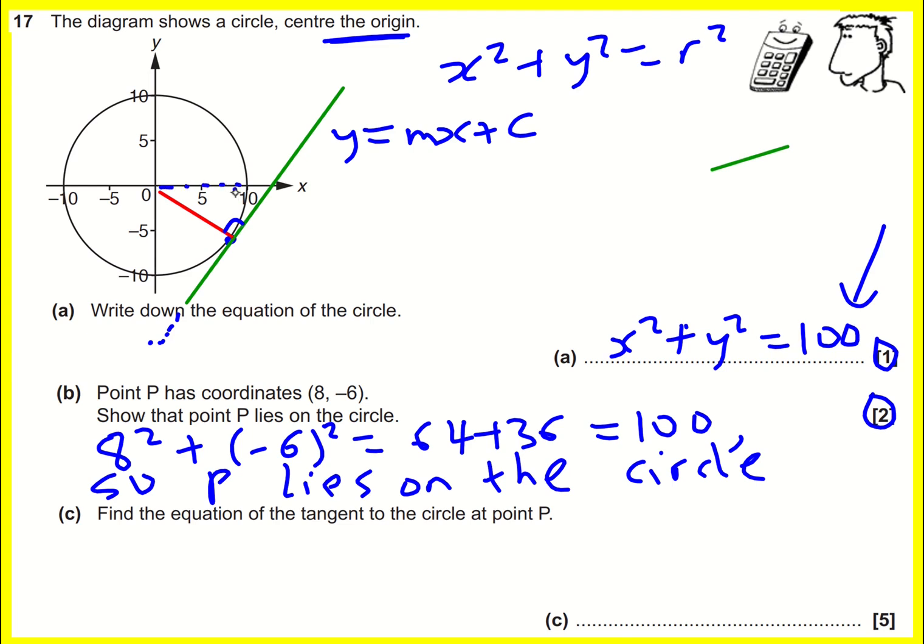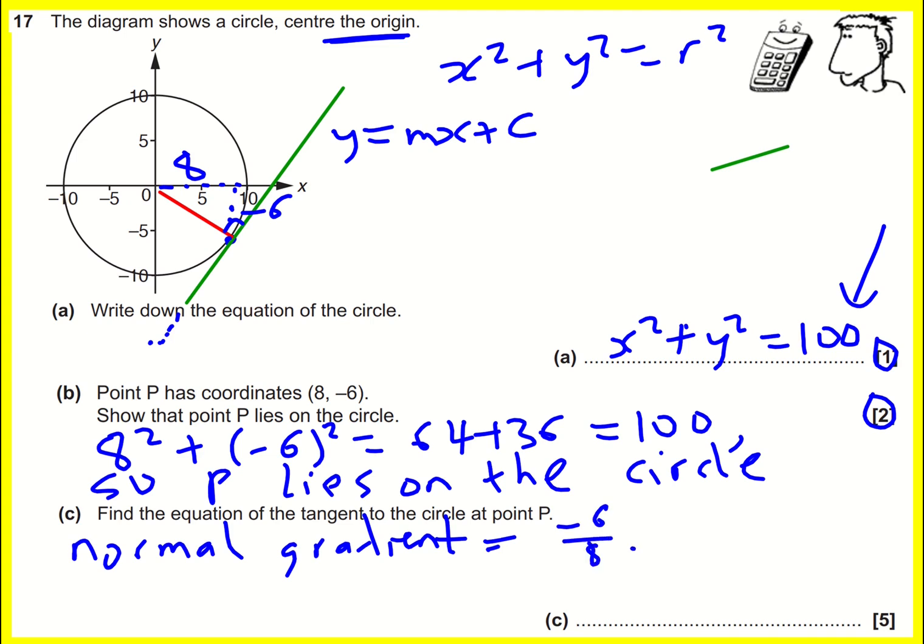And we do have the gradient of the normal because I know I go 8 along and minus 6. I go 6 down. So the normal gradient is equal to rise over run, minus 6 over 8 or minus 3 over 4.